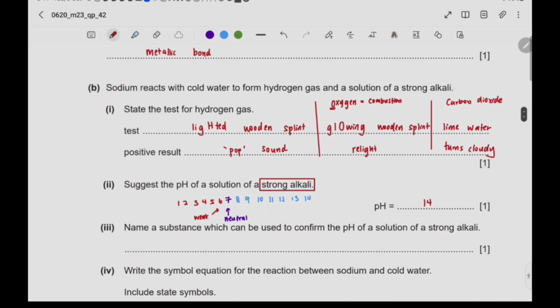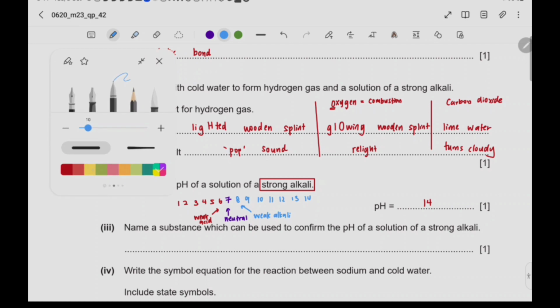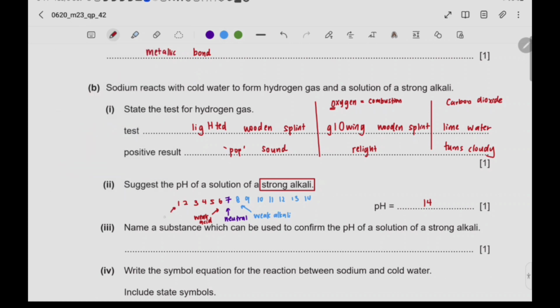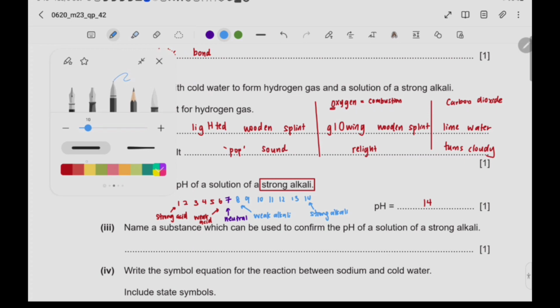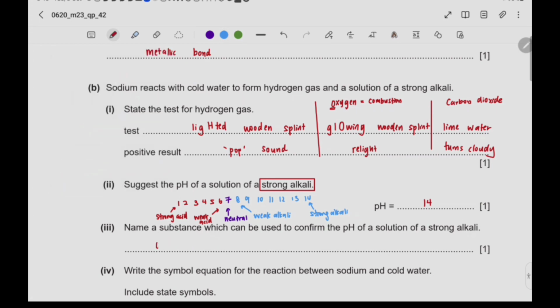This is weak acid. This is weak alkali. Okay, so the one that's furthest away, strong acid, strong alkaline. Understand? So if I really want to confirm the pH of a solution, we can actually use the famous one, universal indicator.